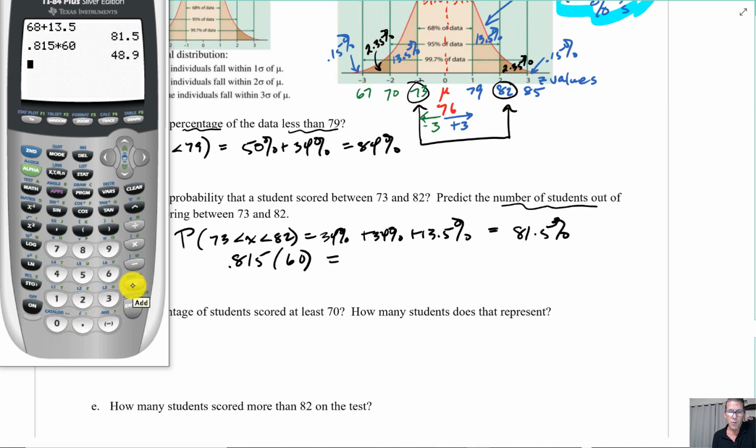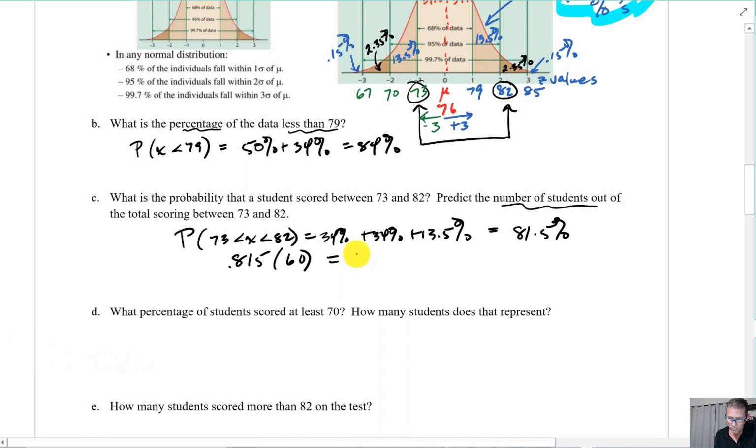We get about 48.9. Now, as you know, you have to round that. So you can round down and say 48, or you can round up and say 49 students. Again, this is approximate, between 48 and 49 students.